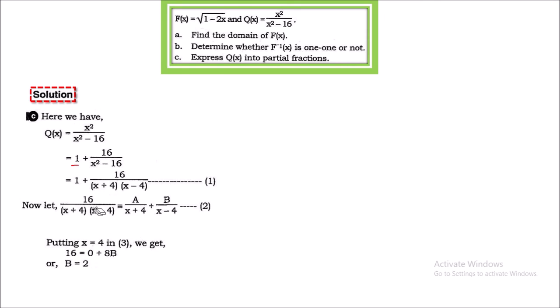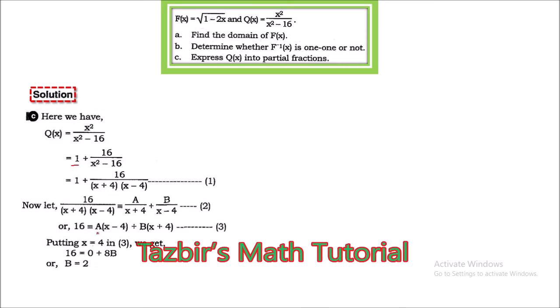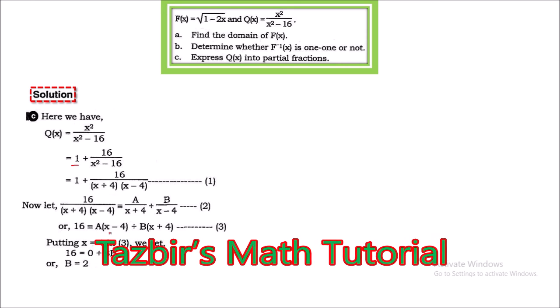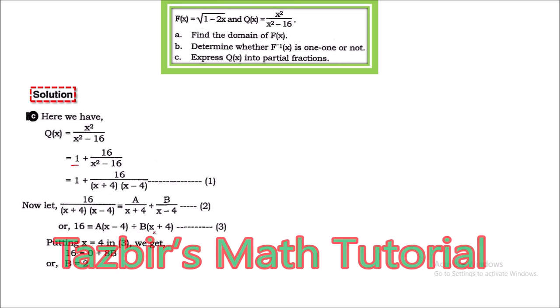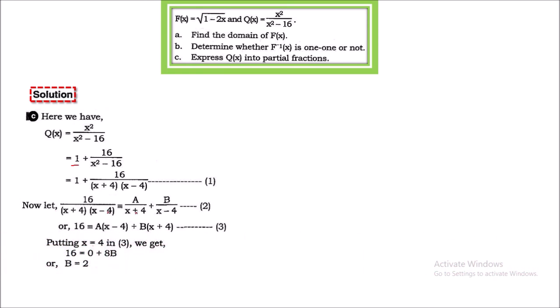Now I just did the cross multiplication here. So I can write 16 equals a into x minus 4 plus b into x plus 4, cross multiplying on both sides.